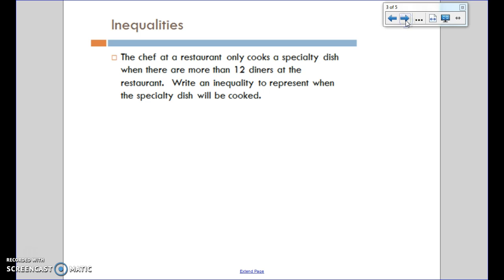This one says that the chef at a restaurant only cooks a specialty dish when there are more than 12 diners at the restaurant. Again, it says write an inequality to represent when the specialty dish will be cooked. So we're writing an inequality, thinking less than, greater than, less than or equal to, greater than or equal to.